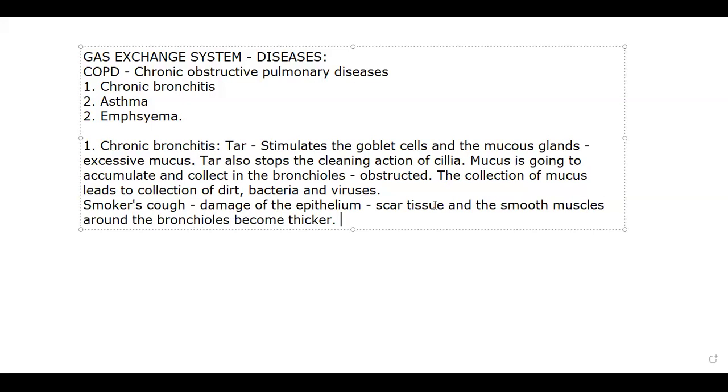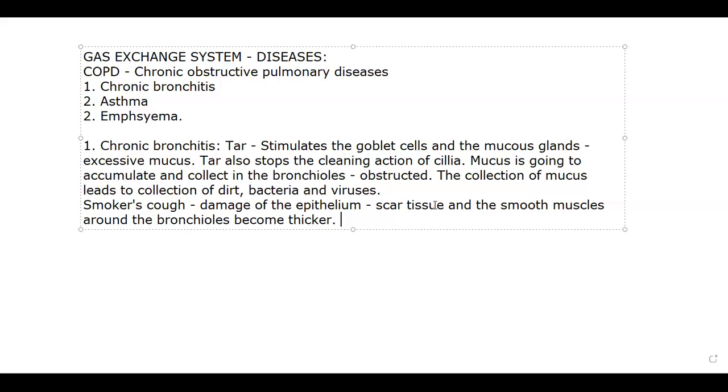Because the person is coughing, the smooth muscles are contracting and expanding in that process. So what is going to happen? If you exercise any muscle, it gets thicker. So smooth muscles will become thicker and the entire lining of the bronchioles, the ciliated epithelium, by the way, is going to be replaced by scar tissue, right?